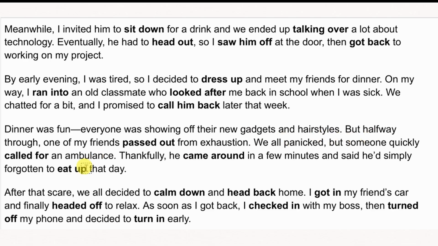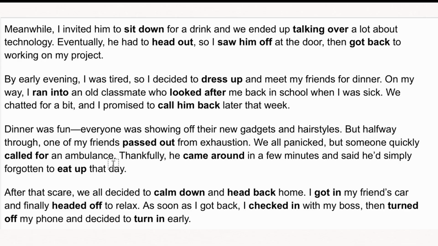But halfway through, one of my friends passed out from exhaustion, meaning fainted. We all panicked, but someone quickly called for an ambulance. Remember, this pass out is not the same as pass away.